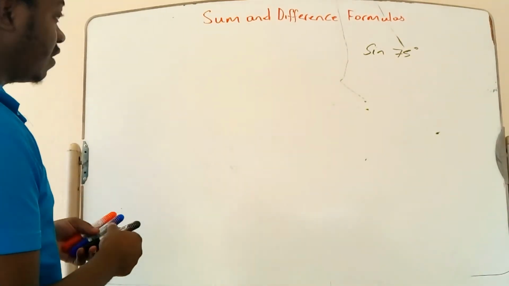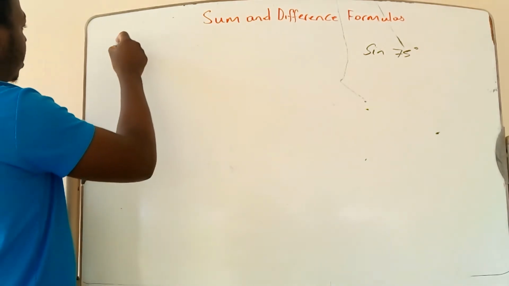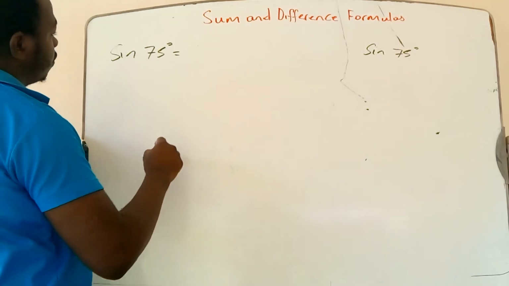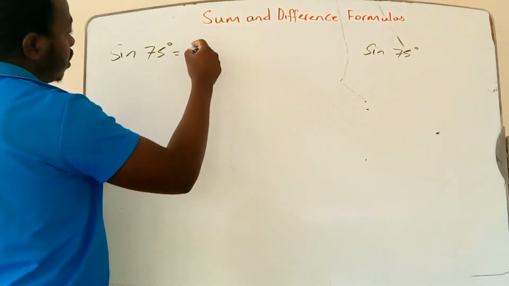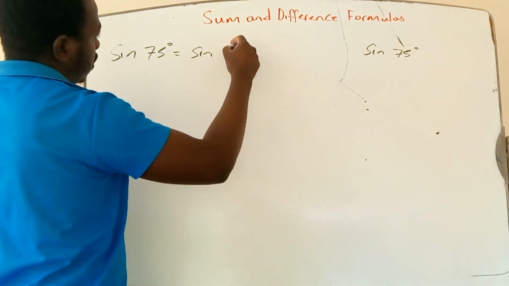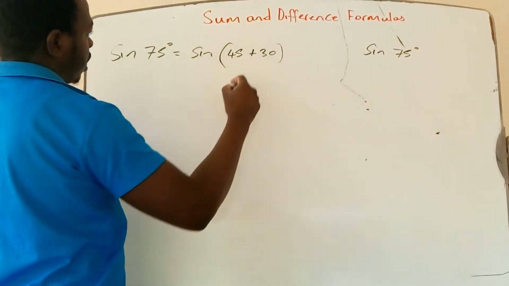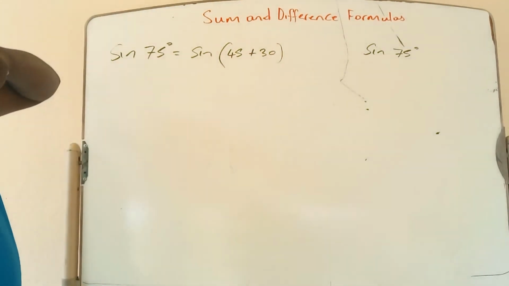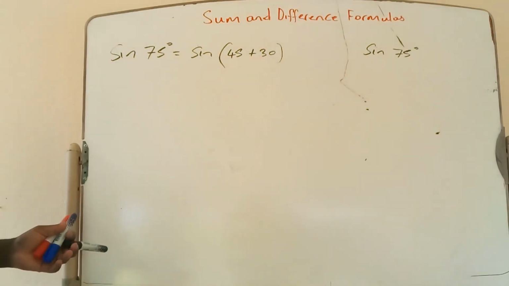So sine 75, we can rewrite it with special angles. Sine 75 degrees is therefore equal to, which two special angles can you add or subtract that gives you 75? This is just equal to sine of 45 plus 30, because 45 plus 30 gives you 75. Good?